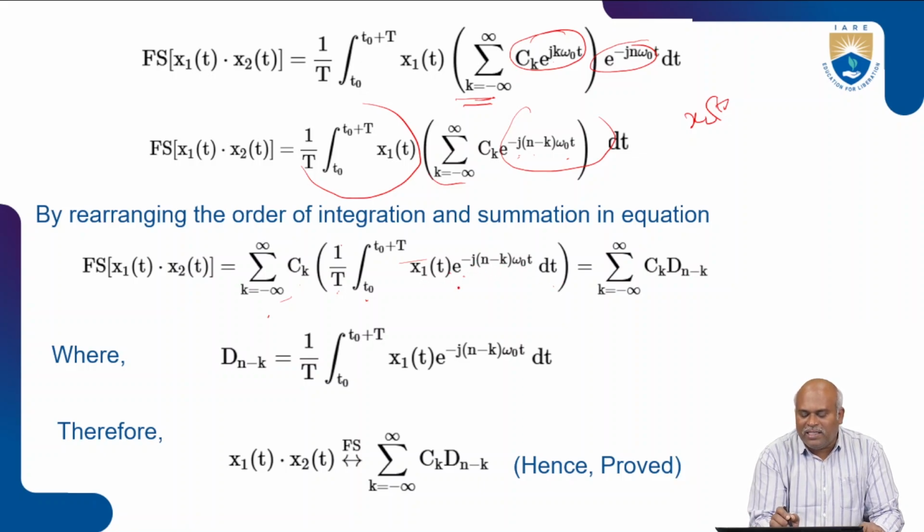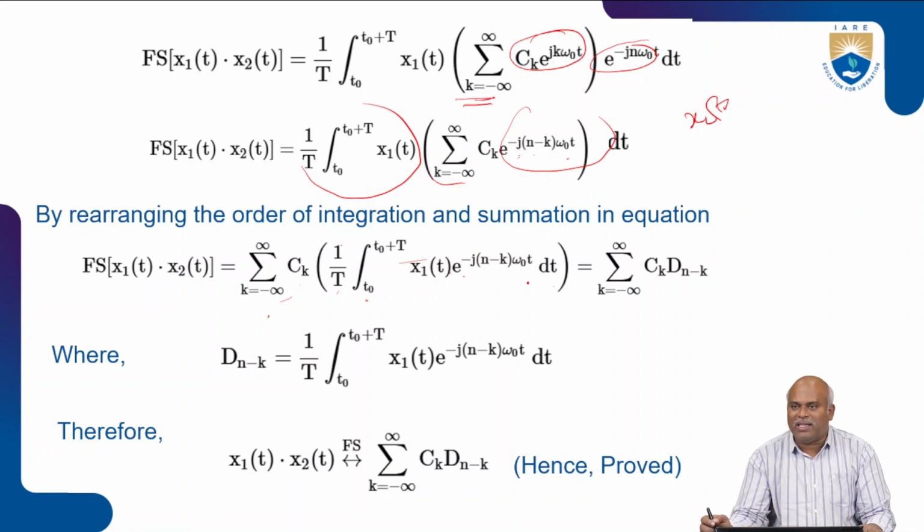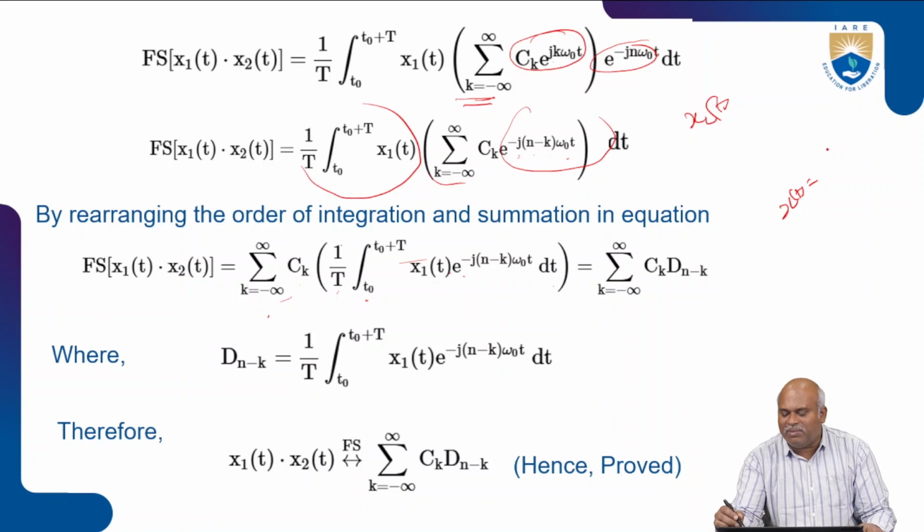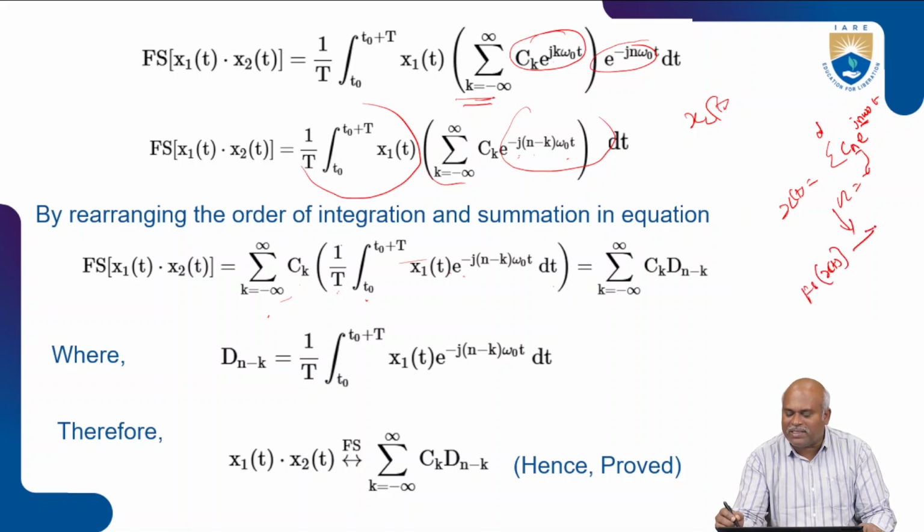Now as per the statement of our Fourier condition, x of t I write as the summation of n equal to minus infinity to plus infinity of c of n e power j n omega 0 t. So here also n, here also n, that's why we write the Fourier series of x of t as represented by c of n.